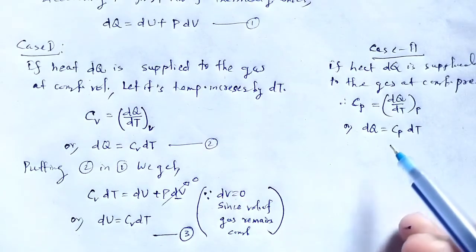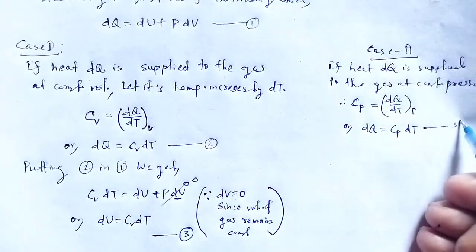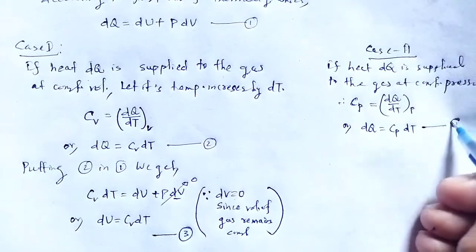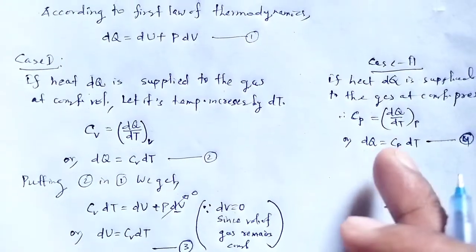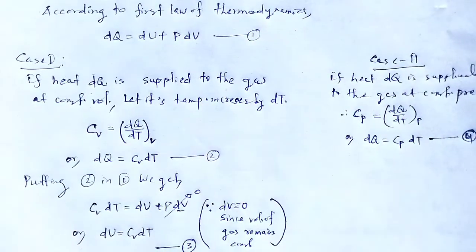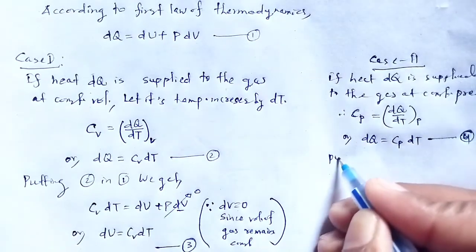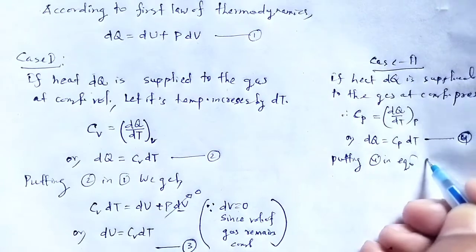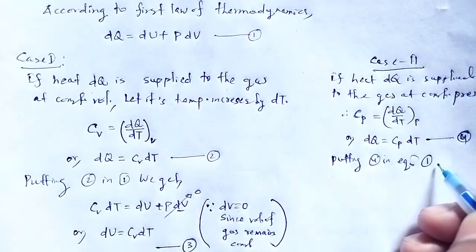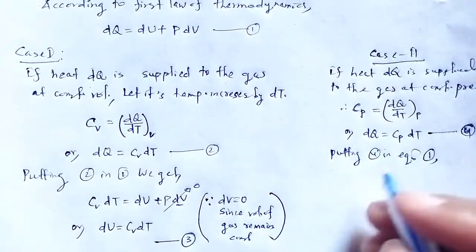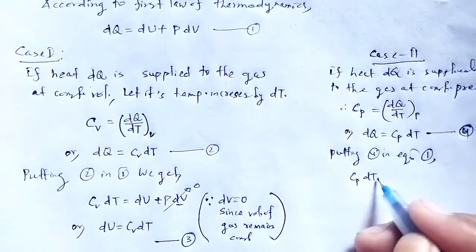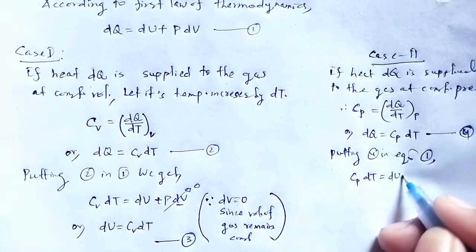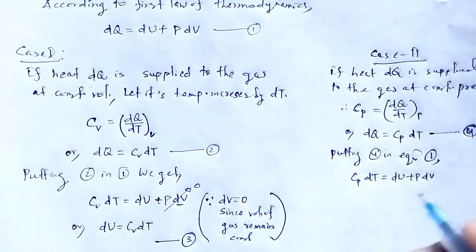Let this be equation number 4. Now, putting 4 in equation 1, we get Cp dt is equal to du plus pdv.